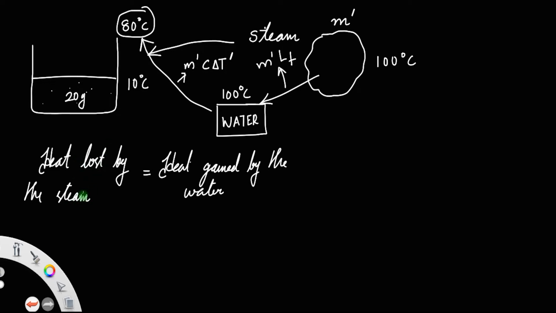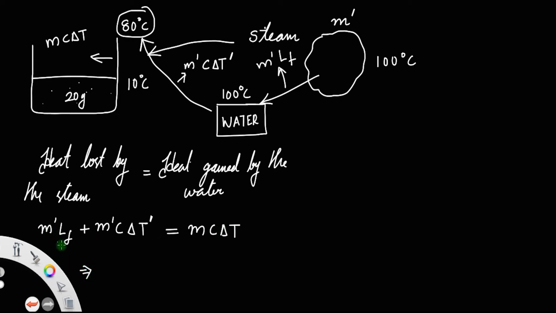So heat lost by the steam will be the sum of these two heat energies, that is m dash LF plus m dash C delta T dash, which is equal to the heat gained by the water, which has to rise from 10 degrees Celsius to 80 degrees Celsius. So the heat transfer here will be m c delta T.